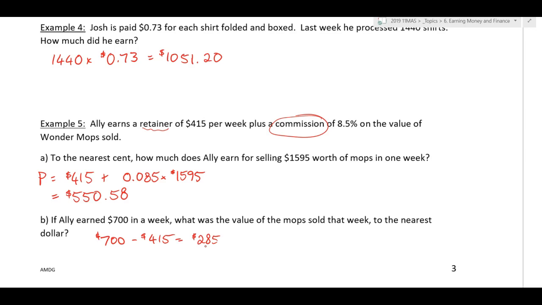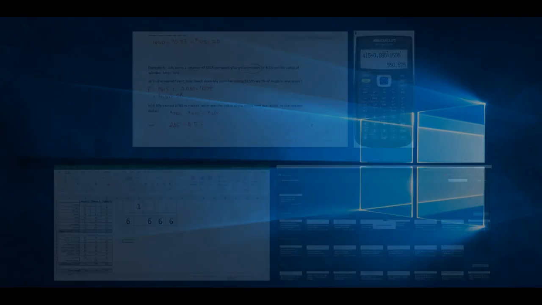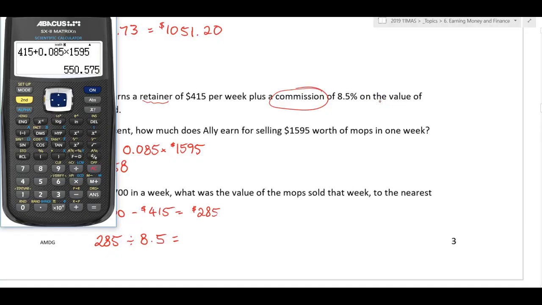So the best way to work with this is the unitary method. I'm going to find out what 1% of the sales were, and then I can work out what the total sales were. So I take the 285 commission and divide that by 8.5. That's going to tell me what 1% of the sales is.